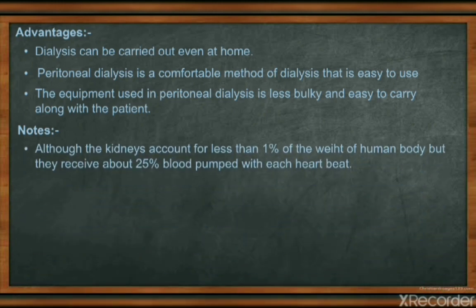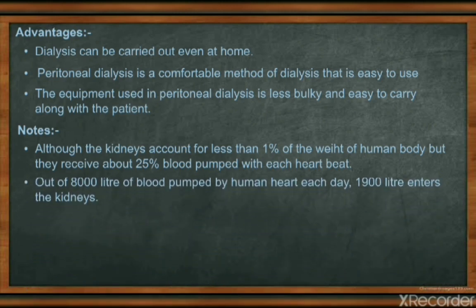Okay. Now the first thing is that although the kidneys account for less than 1% of the weight of the human body, they receive about 25% of the blood pumped with each heartbeat. So the maximum work is done by the kidney. Next one, out of 8,000 liters of blood pumped by the human heart each day, 1900 liters enter the kidney.